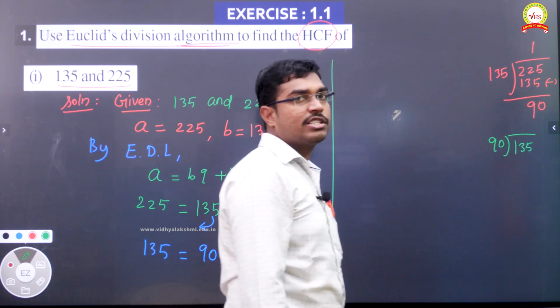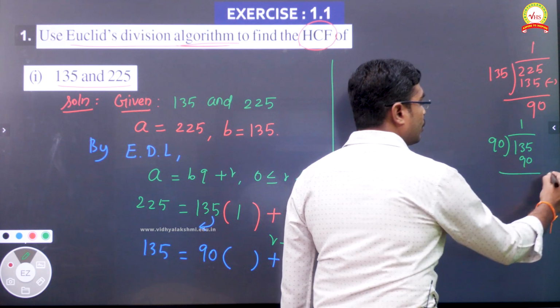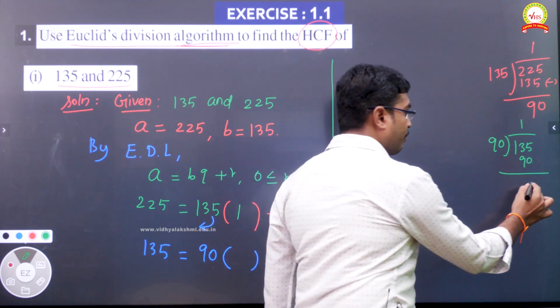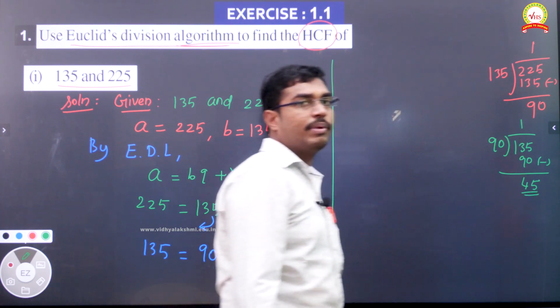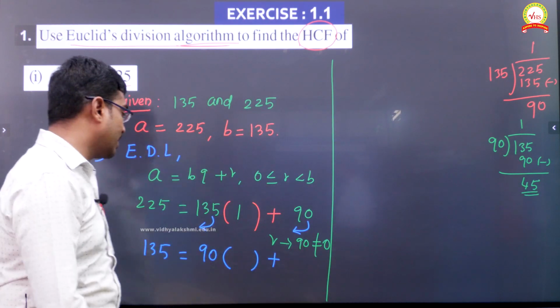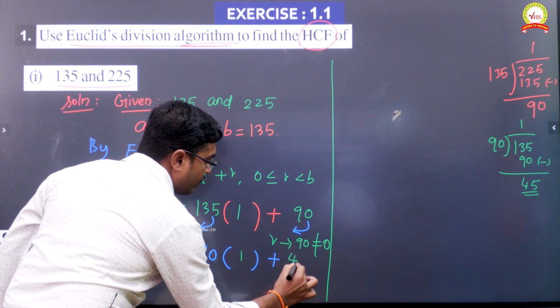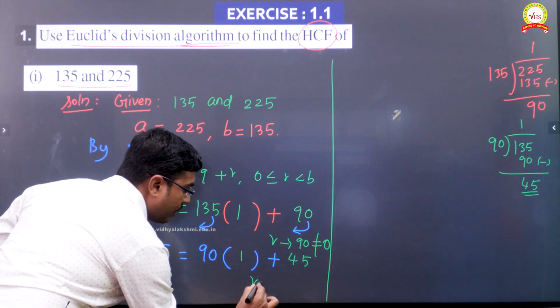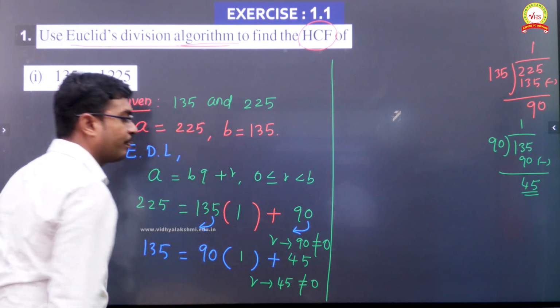This is also possible one time only. So 1 into 90, 90. So what is the remainder? 5. 13 minus 9 is 4. So 45 is the remainder. Quotient is 1. Yes or no? So apply here. Quotient is 1, remainder is 45. Remainder 45 is not equal to 0.